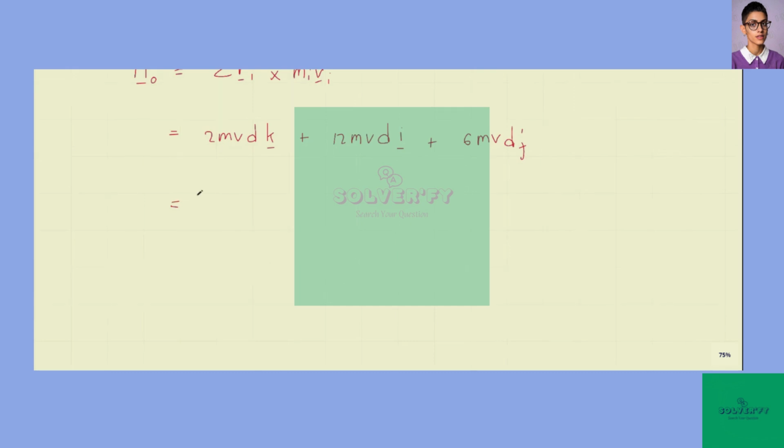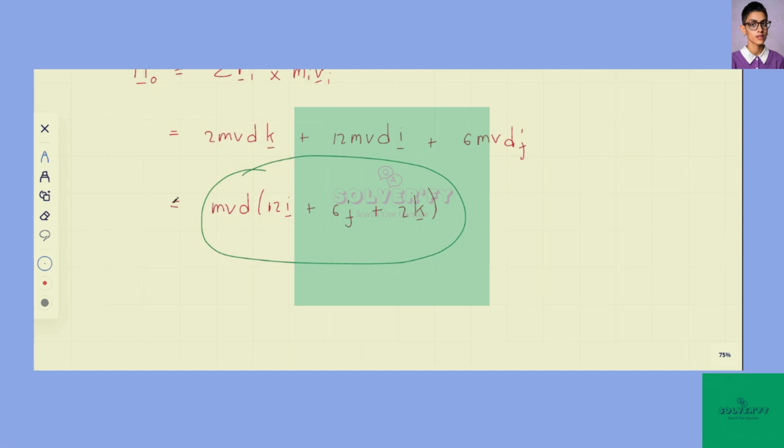So simplifying, we get this to be mvd into 12i plus 6j plus 2k. And that's the angular momentum of our system of particles.